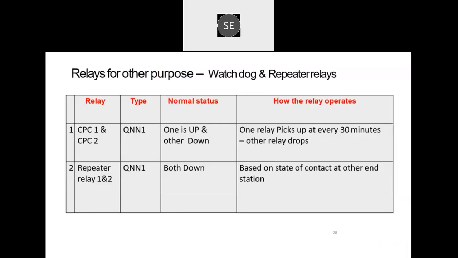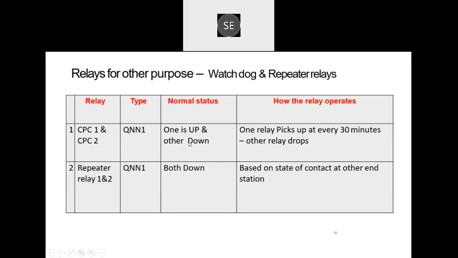Apart from these 9 relays, there are 4 more relays. They are of QNN1 type. These two are mounted on the same base, so only one base is required for these two relays. They are 4F4B type and 4F4B. So these are critical power control relays, CPC1 and CPC2, and the type is QNN1.